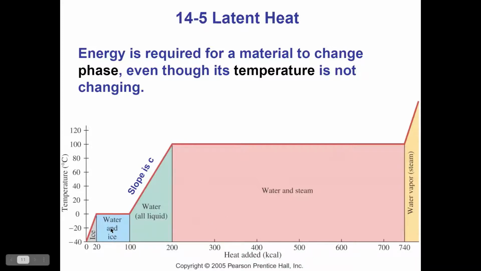The melting process requires energy because we're dissociating bonds. So we add heat, and the very strong bonds between molecules that are in a solid form are being loosened up into water, which still has pretty strong intermolecular bonds, but less organized.